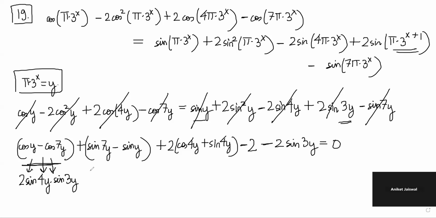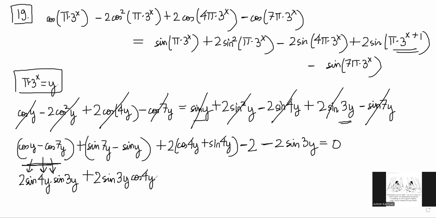Then this is 2 sine of (C minus D) by 2, so 3y, and cos of (C plus D) by 2, so cos of 4y. Plus we have this term, 2 times cos 4y plus sine 4y. And we have a minus 2 common, 1 plus sine 3y equals 0.